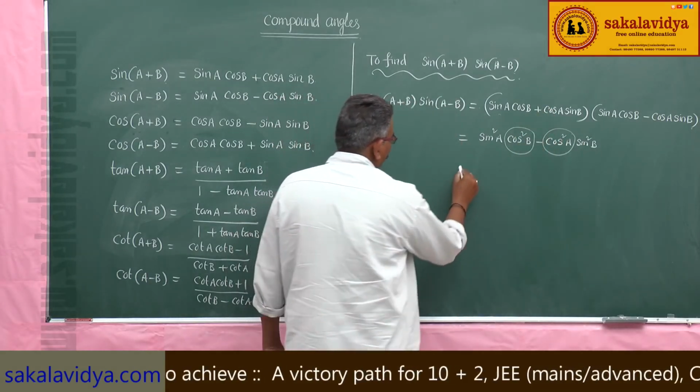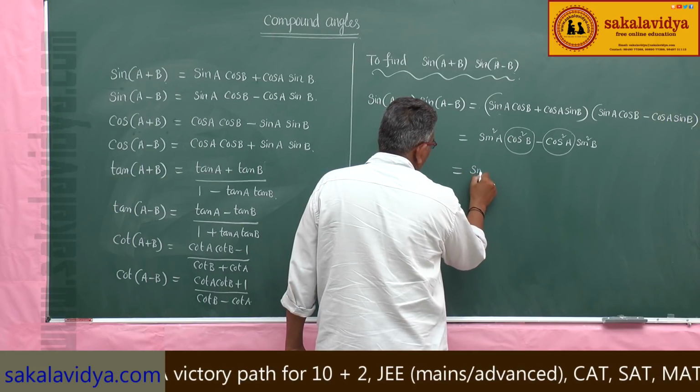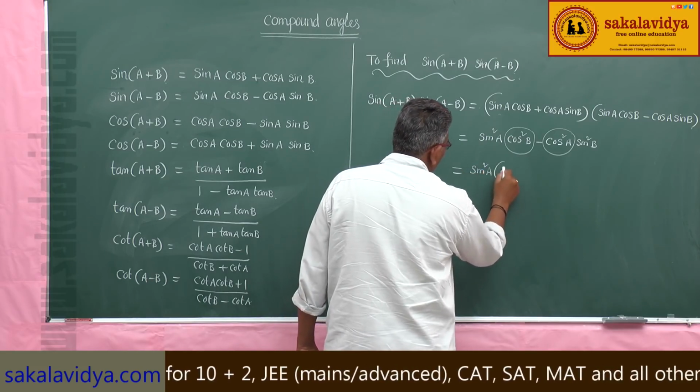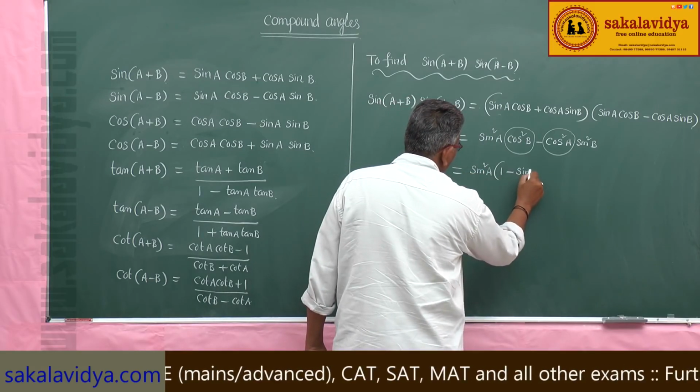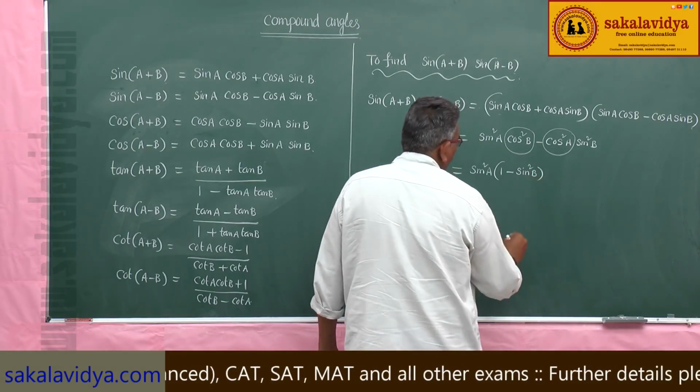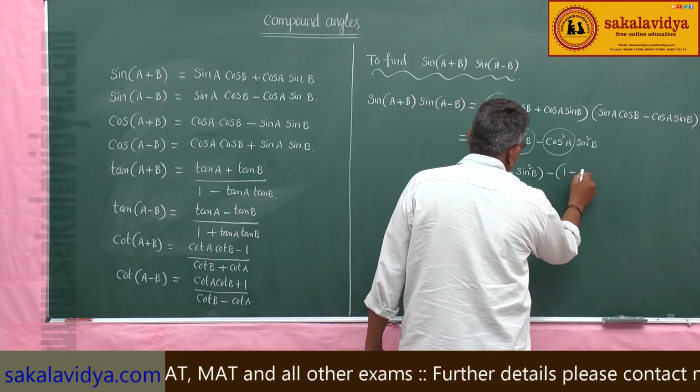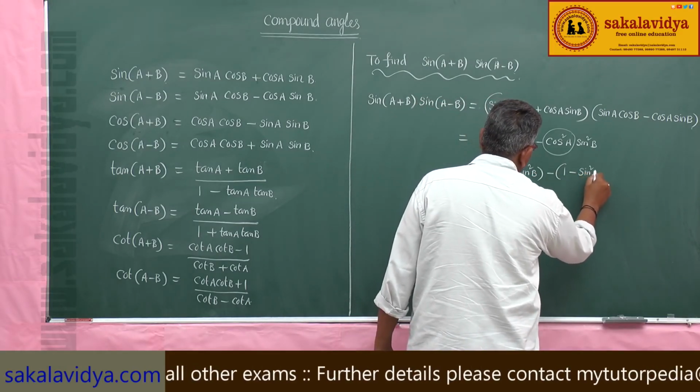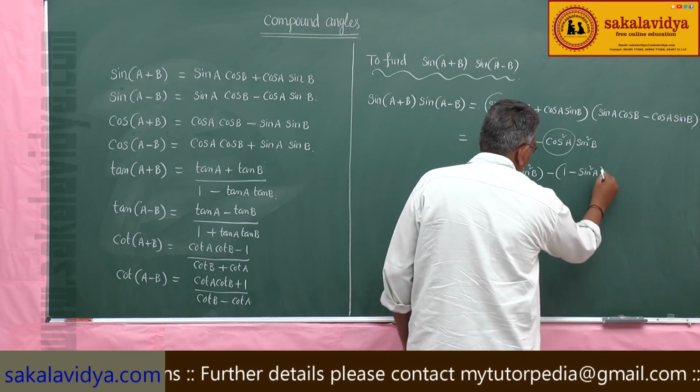So, sin square A into 1 minus sin square B and minus 1 minus sin square A into sin square B.